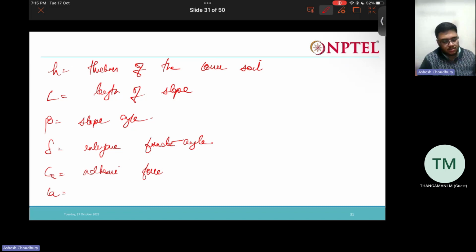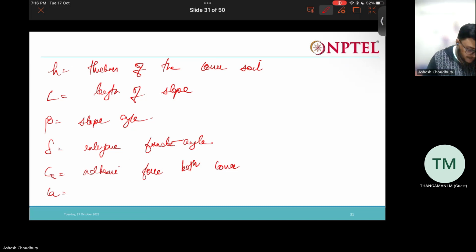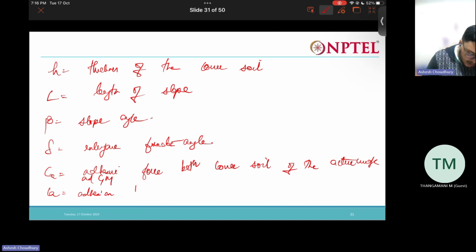CA is the adhesive force between the covered soil of the active wedge and the geomembrane. The adhesion between the covered soil and the passive soil is the same.